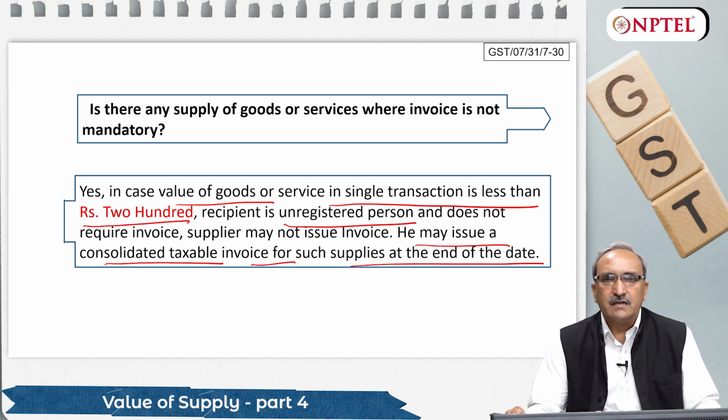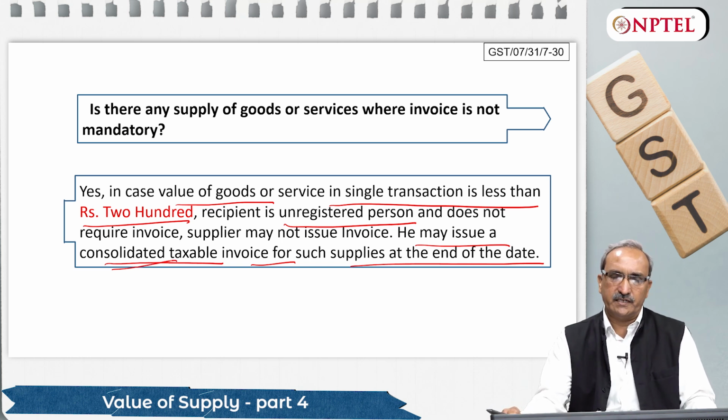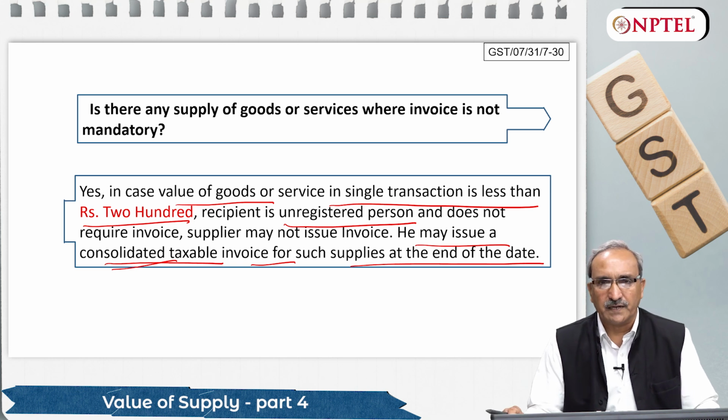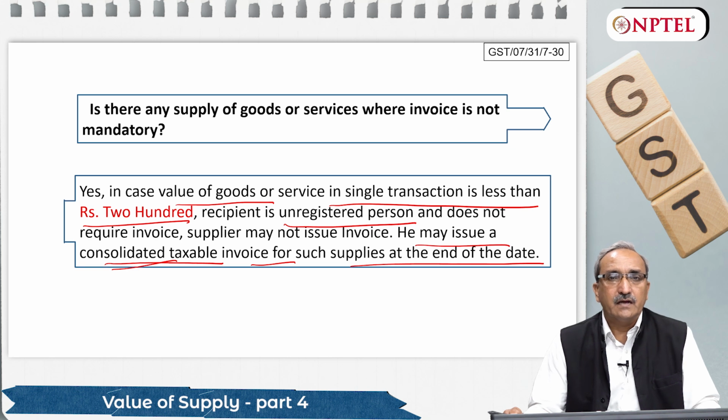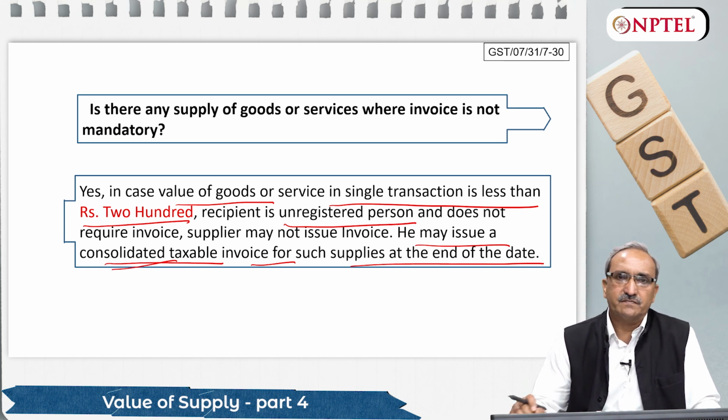So the law gives him a benefit, saying he may issue a consolidated taxable invoice at the end of the day by consolidating his invoices. But practically, people are not following this practice, which is non-compliance, and if the government or the officer checks his records, he may be penalized.